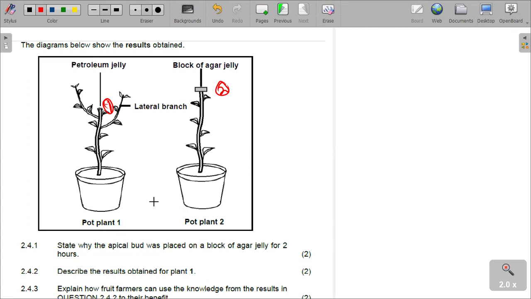So question 2.4.1, why was the apical bud placed on a block of agar jelly for 2 hours?